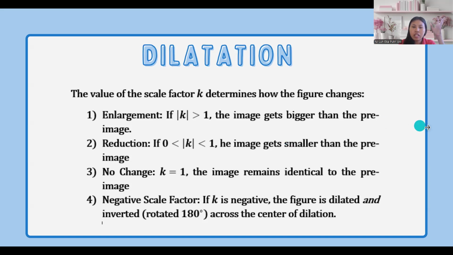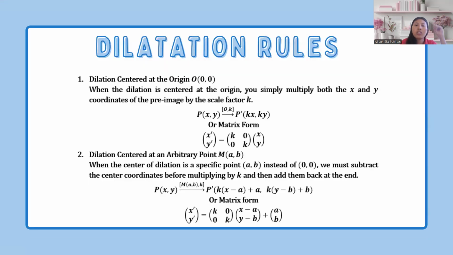Okay, next. Dilatation rules. First, we will learn about dilatation centered at the origin O(0, 0). When the dilatation is centered at the origin, you simply multiply both the x and y coordinates of the pre-image by the scale factor k.